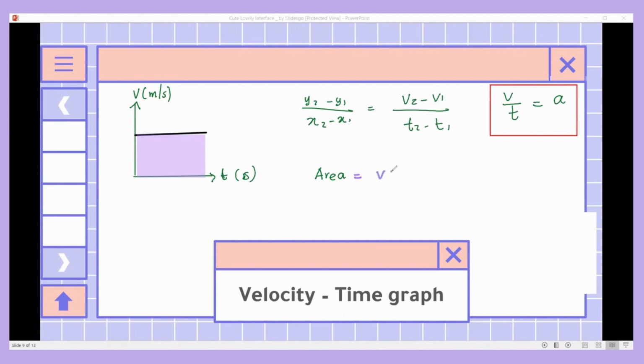Here it is velocity into time, because this amount is the velocity and this is time. So v into t is distance. It's because by the formula we know velocity is distance being divided by time, so that v into t is distance.